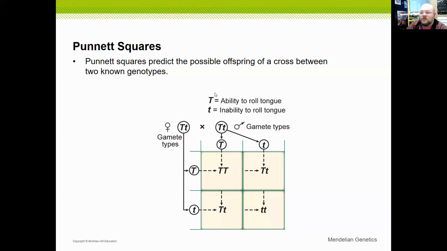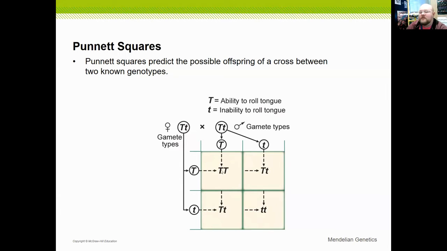heterozygous individuals, on the top of the box and on the left side of the box. And basically you cross multiply and put the results inside the box. So big T times big T, you get two big T's. Big T times little t, you get big T little t. Big T times little t, you get big T little t. And little t times little t, you get little t little t.